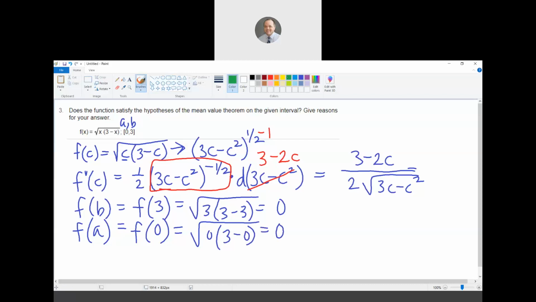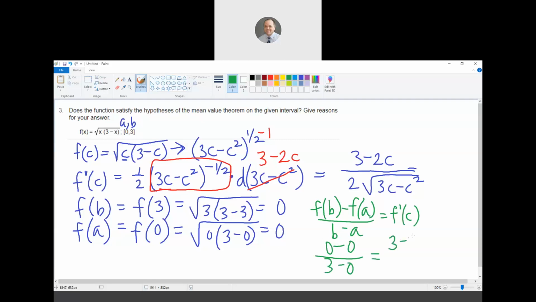So let me write down our equation and then plug everything in. F of b minus f of a, well, that's just 0 minus 0, all over b minus a, or 3 minus 0, equal to f prime of c.